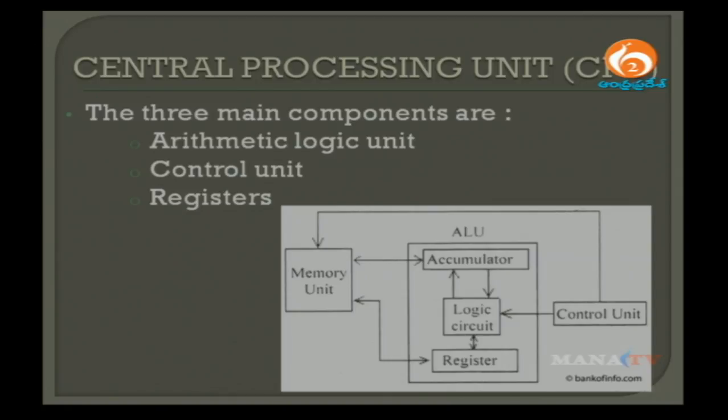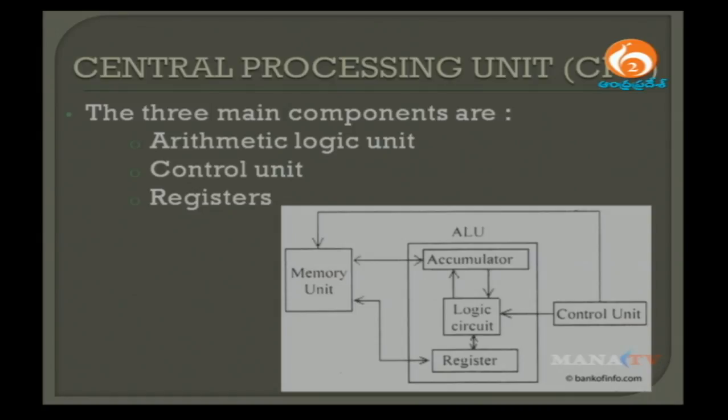So now when I say CPU, the CPU is something which you should always remember, and in this brain of the CPU, we have three main important things. And what are those three main important things? The first one is arithmetic logic unit, control unit, registers.